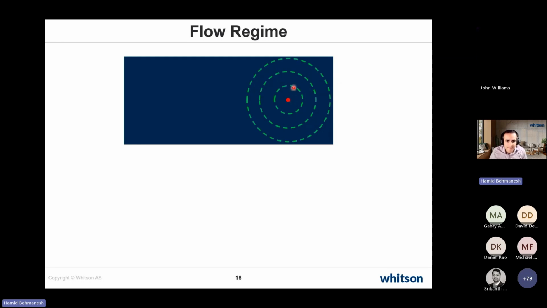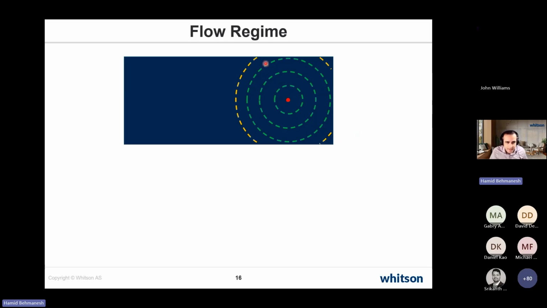If I have a much larger reservoir, whose boundary the well hasn't seen, and the well is draining in the middle of that reservoir, that well and this well, in the sense that they haven't seen any boundary, are very similar to each other.